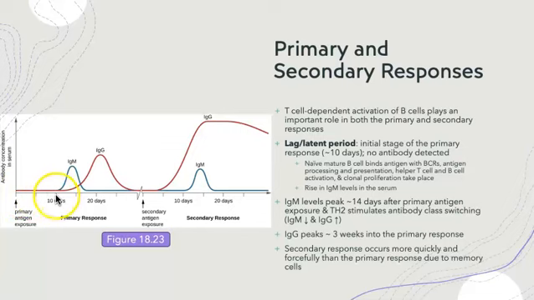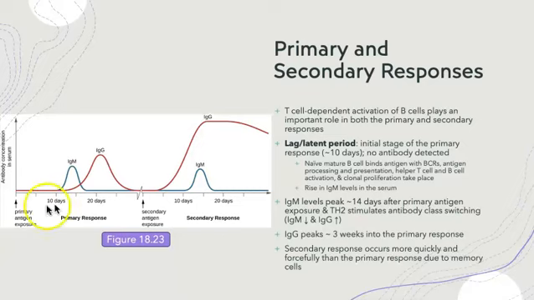And this typically lasts about 10 days. And in the background, what's happening is our naive mature B cells bind to the antigen with their BCRs. We have antigen processing and presentation taking place. Our helper T cell and B cell are coming together and we're activating, and we get clonal expansion.